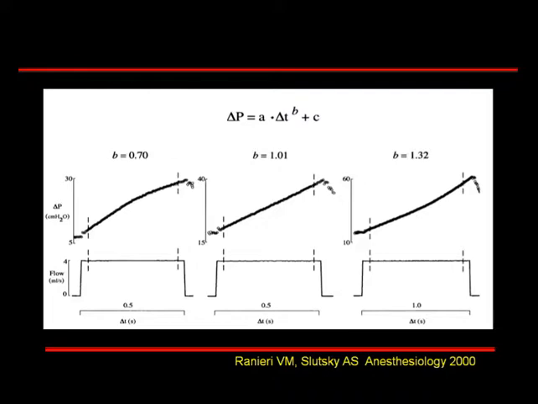If during constant flow ventilation the pressure time curve is linear, it means that compliance is constant throughout tidal inflation. If the pressure time curve presents a downward concavity, it means that compliance is progressively increasing during tidal ventilation.